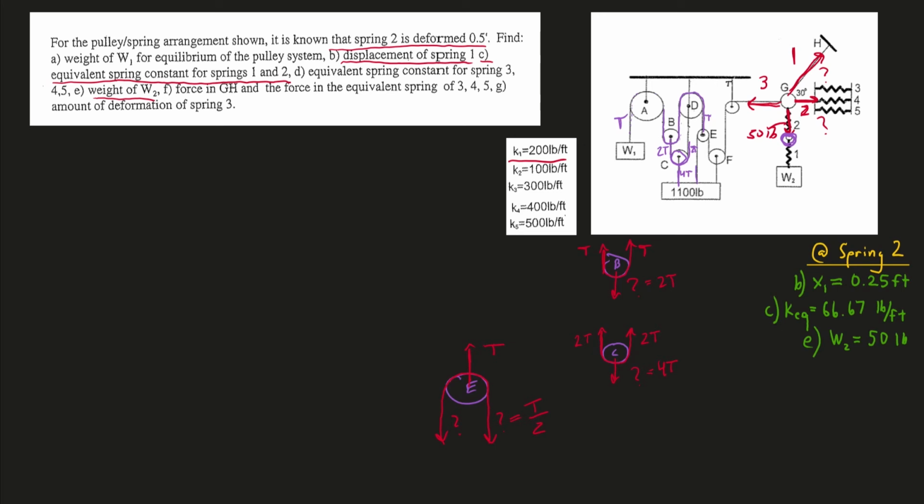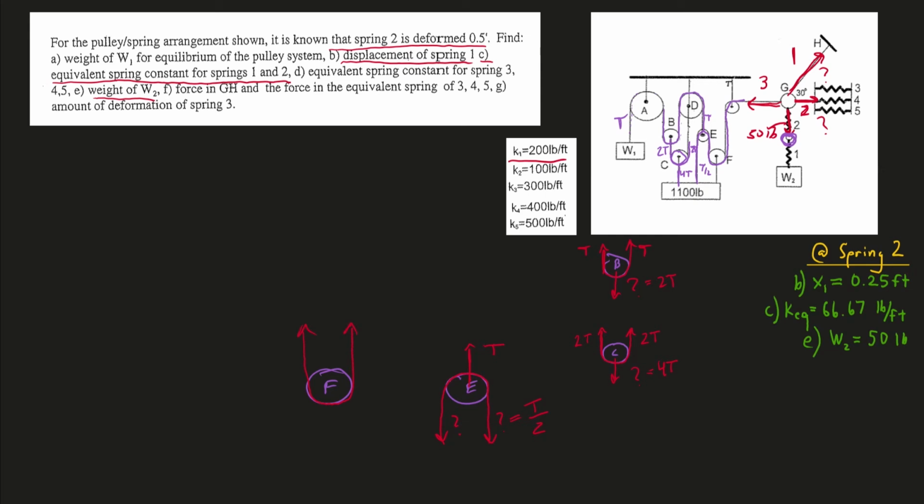So this rope here is activated with the tension of T over 2. So T over 2. And lastly, at that pulley F, that T over 2 rope comes down, loops around, goes back up.